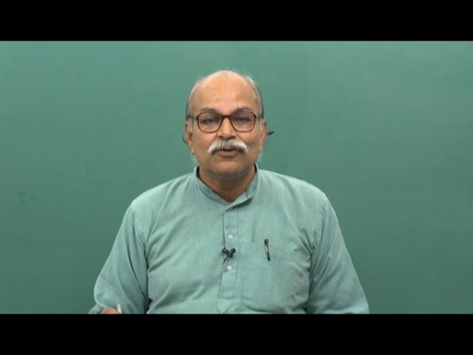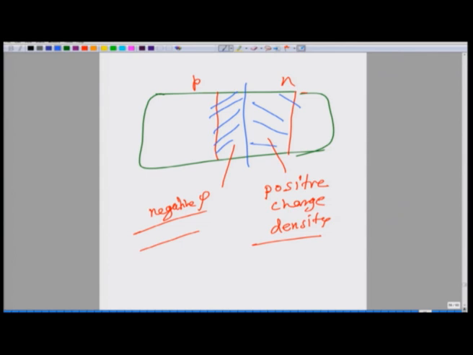As the charge density is created, it also creates an electric field. If you have a positive charge on the right side and negative charge on the left side, what will happen? It will create an electric field from right to left. So, you will have an electric field in this direction.